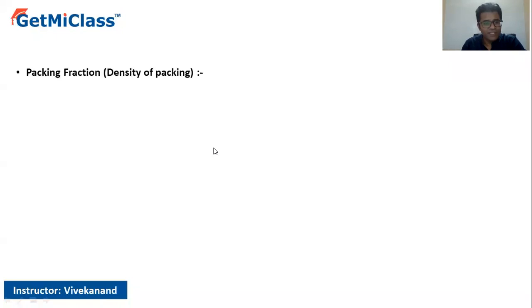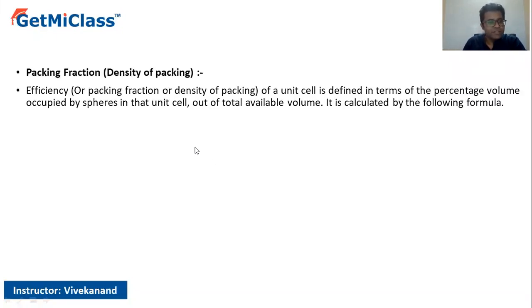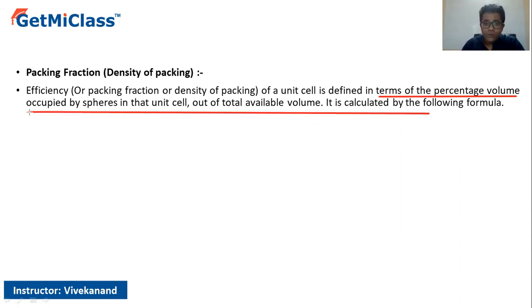Packing efficiency is also called the density of packing. The packing efficiency, or packing fraction, of a unit cell is defined in terms of the percentage of volume occupied by the spheres in the unit cell out of the total volume available in the unit cell.